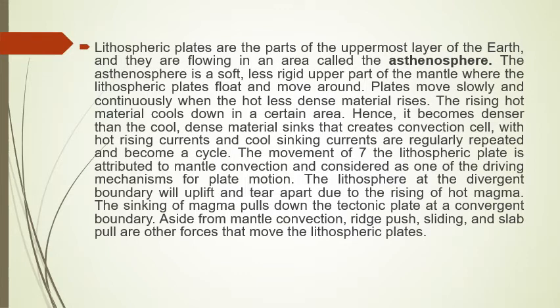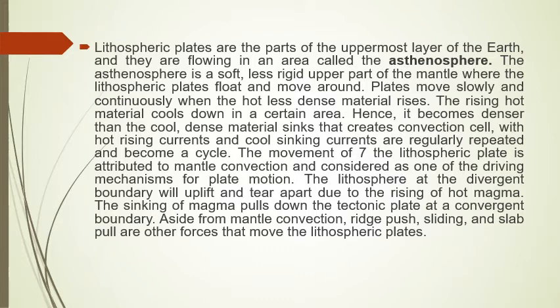Lithospheric plates are the parts of the uppermost layer of the Earth, and they are flowing in an area called the asthenosphere. The asthenosphere is a soft, less rigid upper part of the mantle where the lithospheric plates float and move around. Plates move slowly and continuously when the hot, less dense material rises.